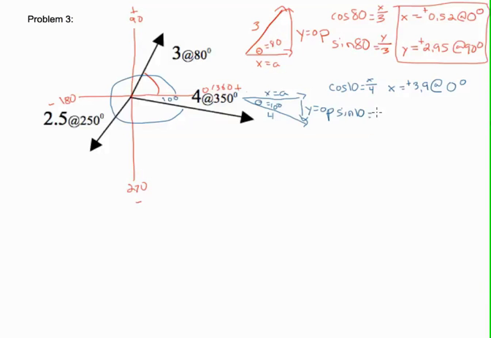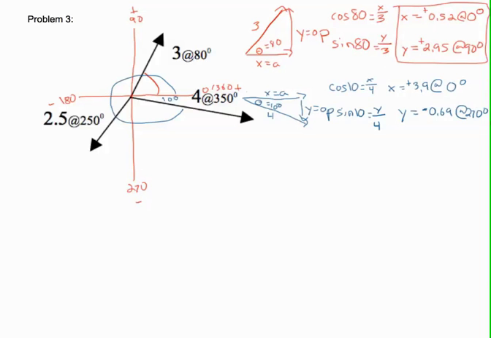And we get that our y is equal to 0.69, and it's pointing downwards, so it's going to be negative. So now we have two of our vectors broken into x and y.